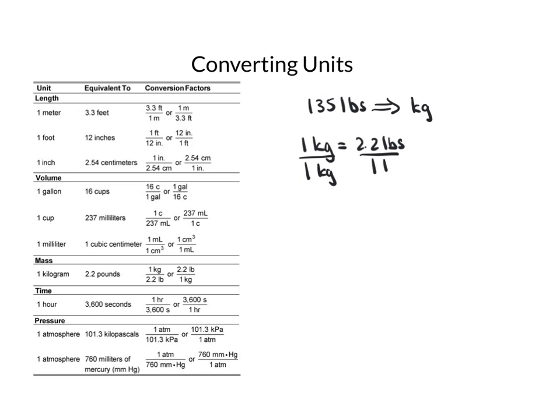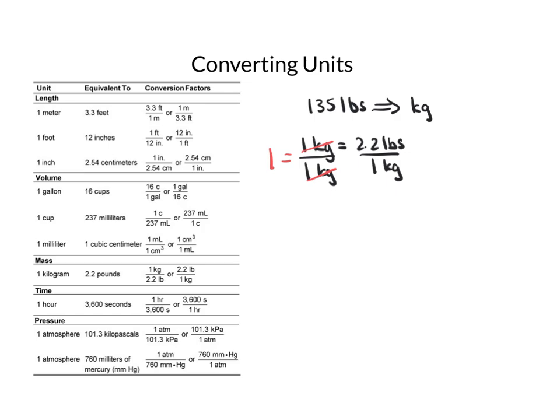And if I do that, 1 kilogram divided by 1 kilogram is equal to 1. And so I have an equivalence. I have a factor, 2.2 pounds per 1 kilogram is equal to 1. And if I multiply anything by 1, I haven't changed it. 1 times anything is exactly the same number.